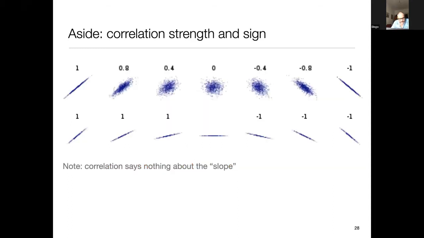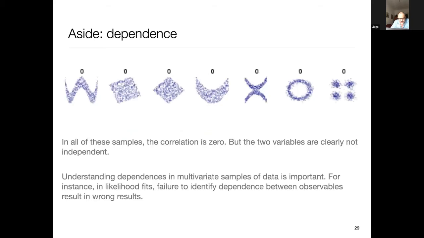And so you see here a representation of correlation strength and sign in 2 dimensions. So you have very highly correlated things on the extremes, and then progressively less and less correlated until 0 correlation here. But you also have variables that are very much dependent, as you see in this slide here.